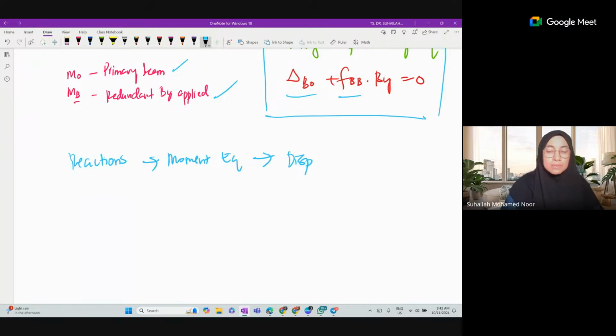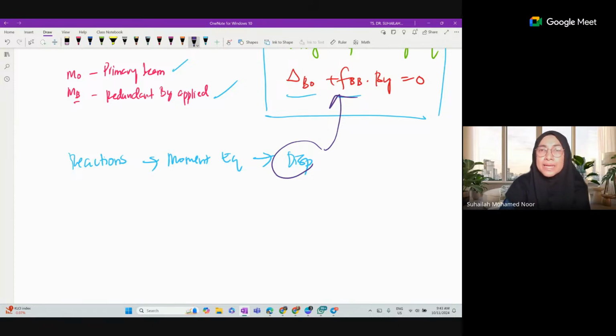This is the flow of structural analysis: reaction, moment equation and displacement. So we go through the process of calculating reaction, writing moment equation and determining displacement. There are two types: displacement in the primary structure and displacement in the redundant structure. Then only we can solve By, the redundant.